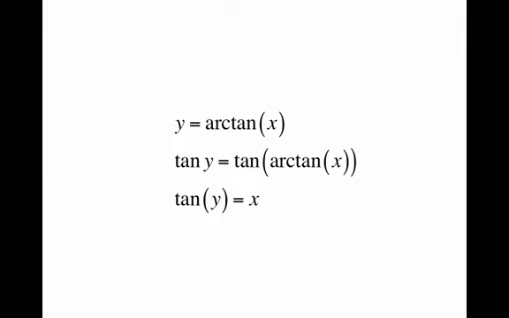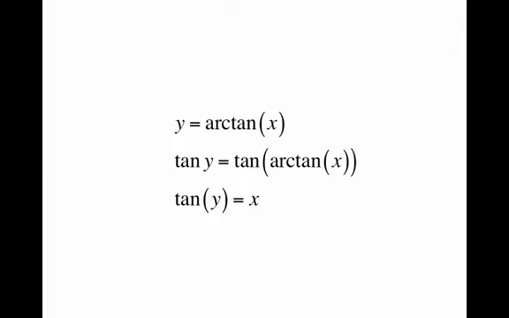So what we want to do now is similar again to the last video. We want to differentiate both sides with respect to x, and when we do that, the left hand side is in terms of y, so we have to attach a dy dx whenever we differentiate the left hand side.